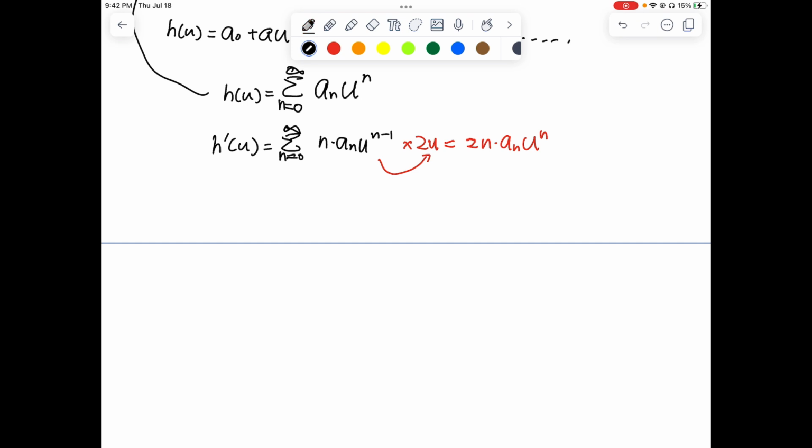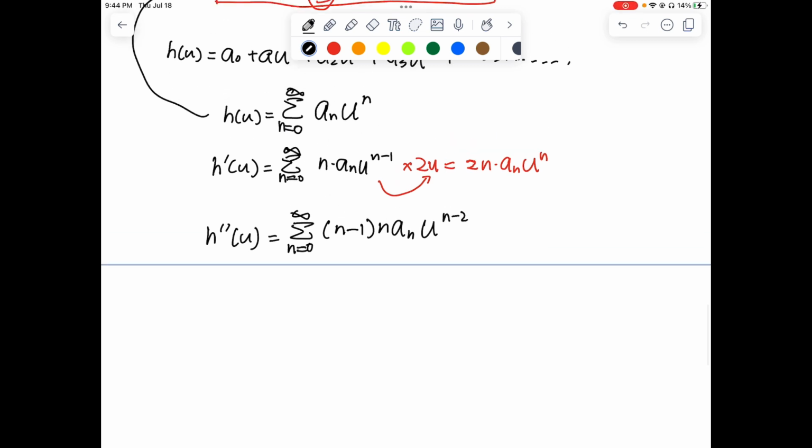Now let's take the second derivative. We're going to get n minus 1 times n times a n times u to the n minus 2. Now we want to substitute every n with n plus 2. Since this goes to infinity, if we start with n plus 2 instead of n equals 0, it's going to be the same thing.